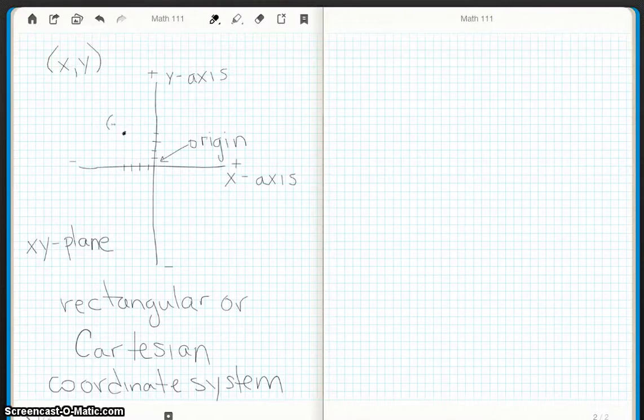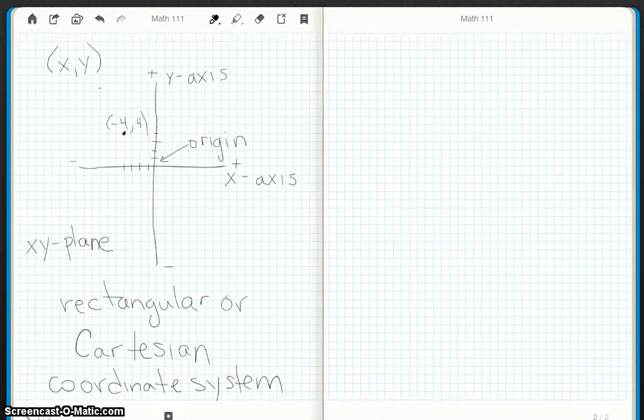Left is negative, so negative 4, that's the x direction, comma, which has to be there so we know which one's which, and then move up positively in the y direction, also 4 units. And again, it's important to have that order maintained, otherwise we're not going to know for sure that the first entry is the horizontal movement and the second is the vertical.